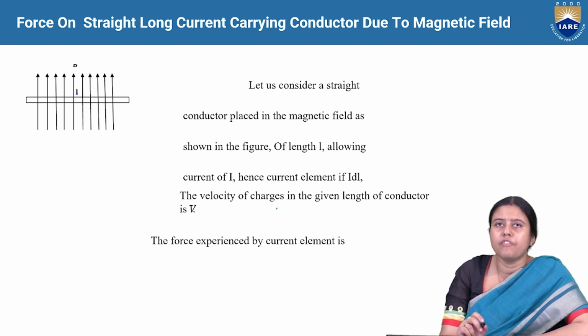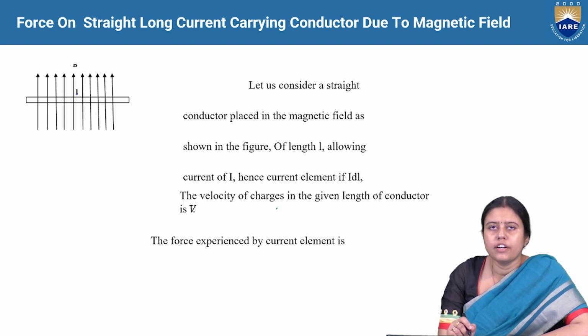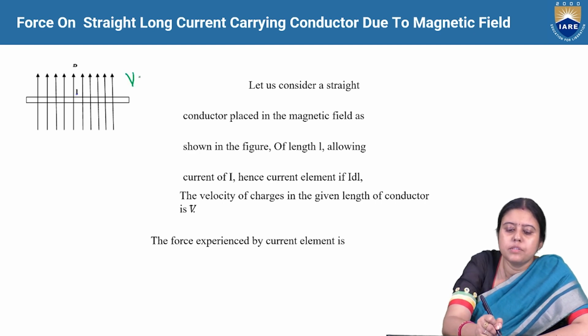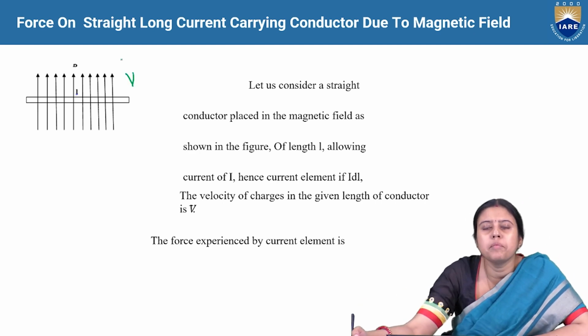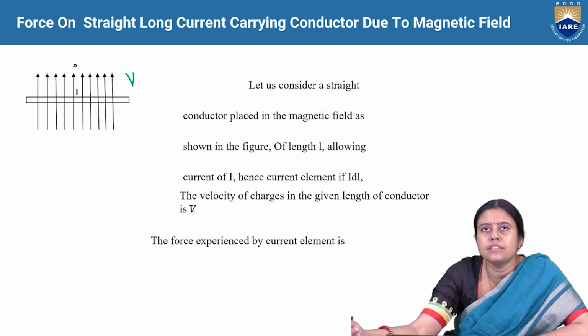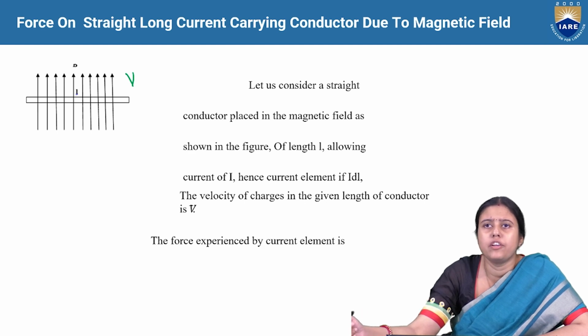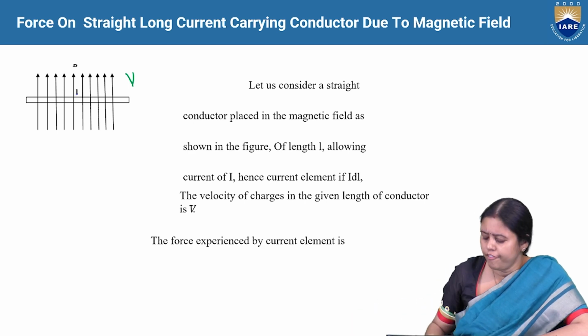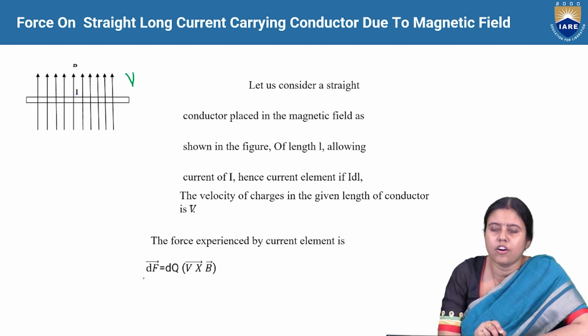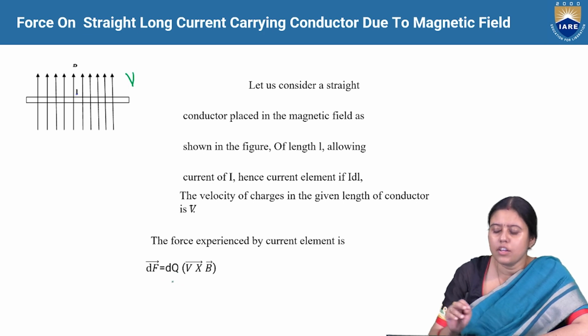The velocity of the charges in the conductor is taken as V. As current is flowing, there is a flow of charge, and flow of charge means there is some velocity. So this velocity is taken as V.